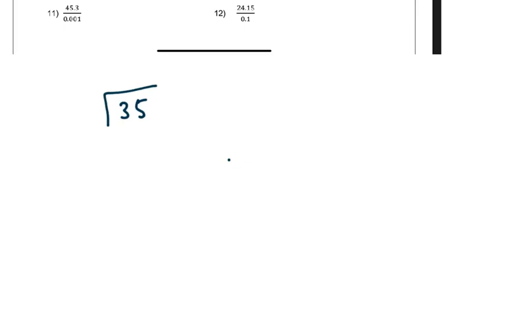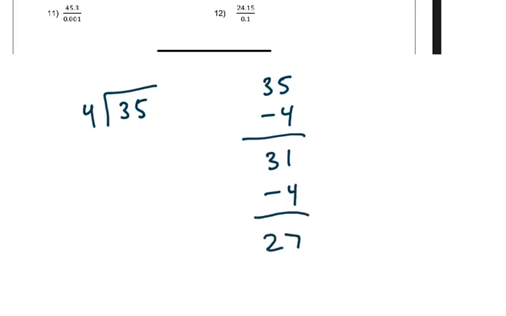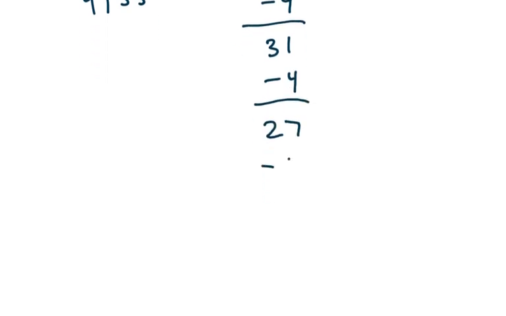One thing I want to make clear here is that division is, in actuality, group subtraction. What we're doing when we're dividing is seeing how many times I have to subtract 4 to get to 0.